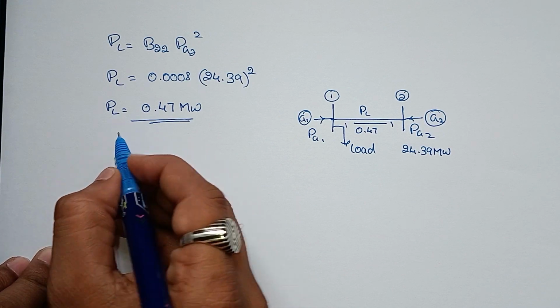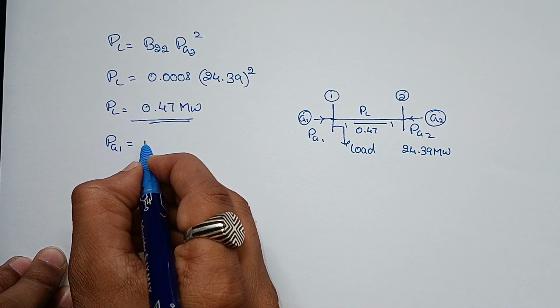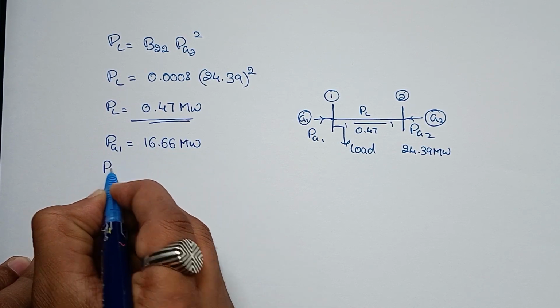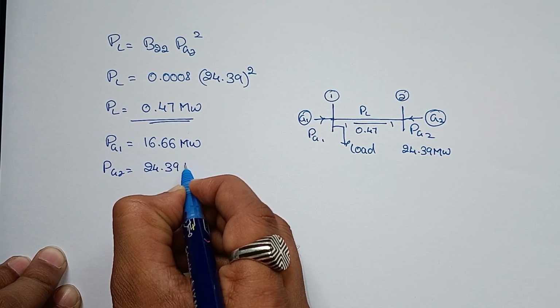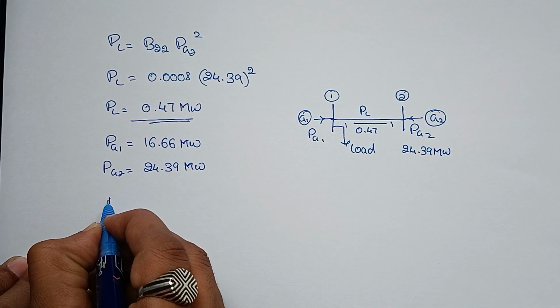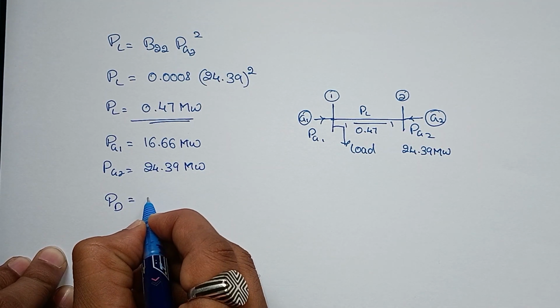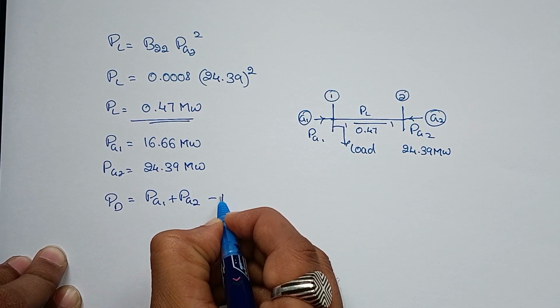Now with the PL value, and PG1 equal to 16.66 megawatt as calculated, and Pg2 equal to 24.39 megawatt as calculated, we need to find the value of PD. The value of PD is Pg1 plus Pg2 minus PL.